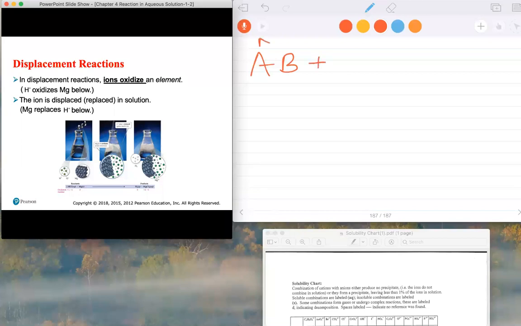This is double replacement. CD. This is cation. This is an ion. This is cation. This is an ion.